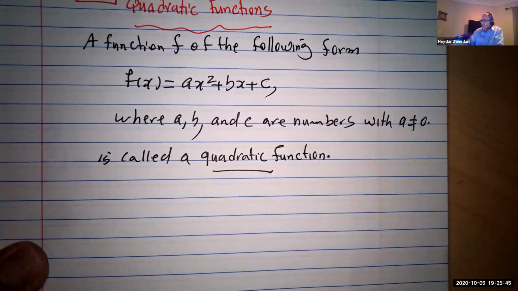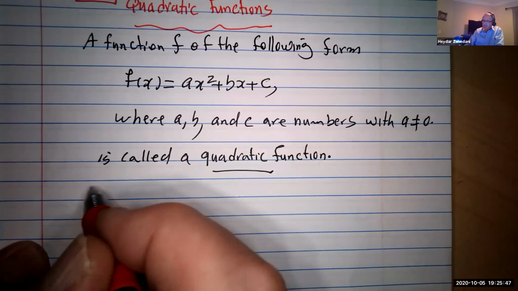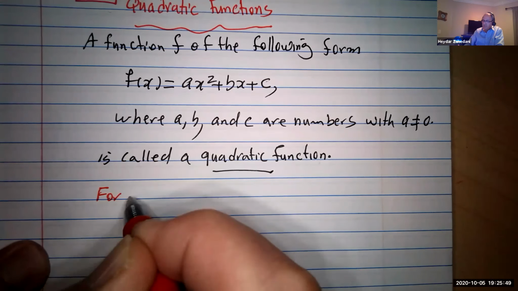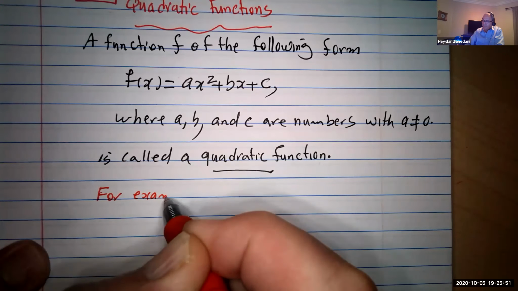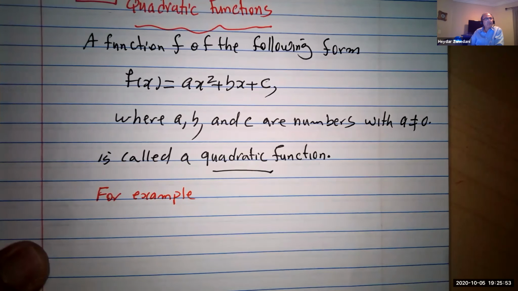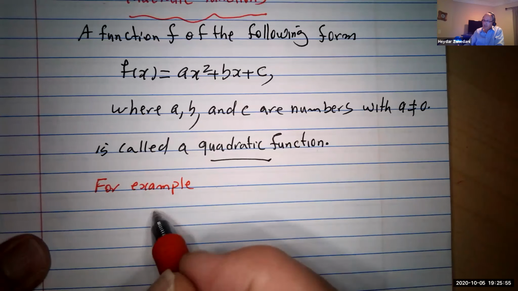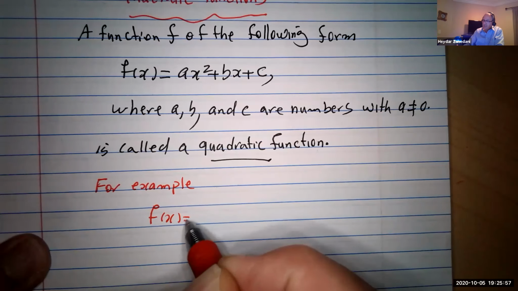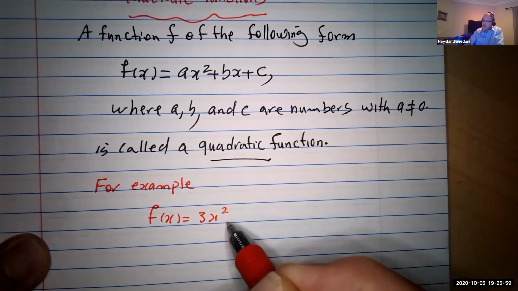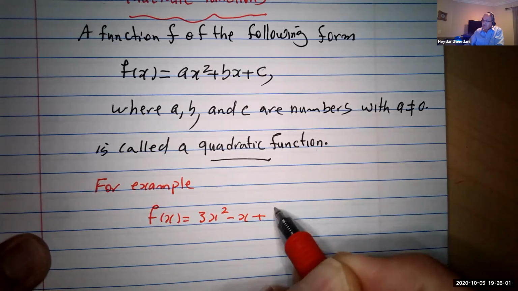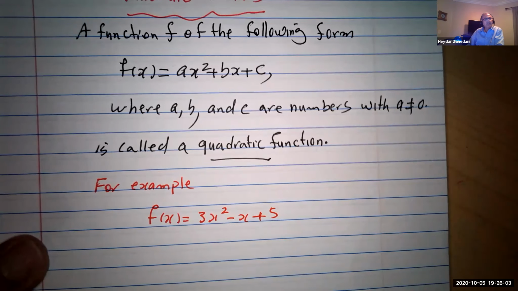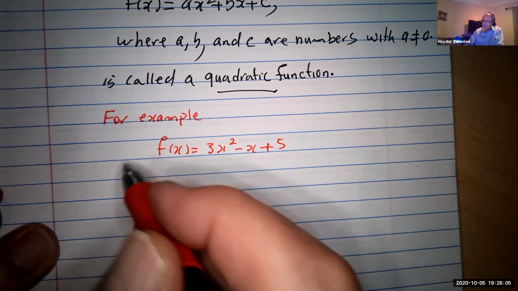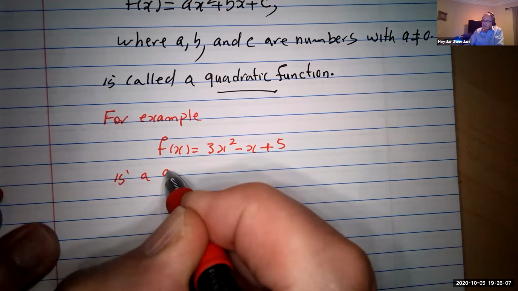Okay, for example, if you're given f of x equal to 3x squared minus x plus 5, this is a quadratic function.